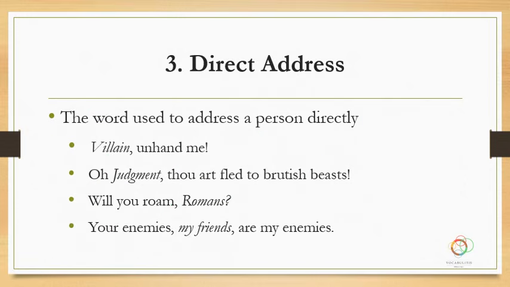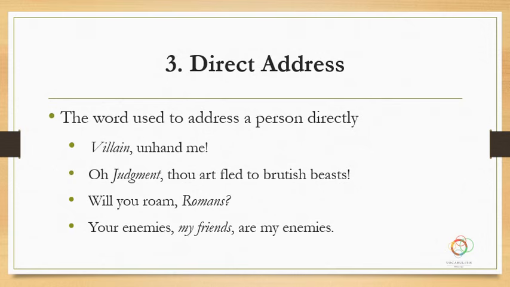All right, the third case here is the direct address. The word is used to address a person directly, and that's called a direct address. Villain, unhand me. Oh, judgment, thou art fled to brutish beasts. Will you roam, Romans? Okay, so on. All right, so you're directly addressing somebody, talking to these people, like that last sentence.